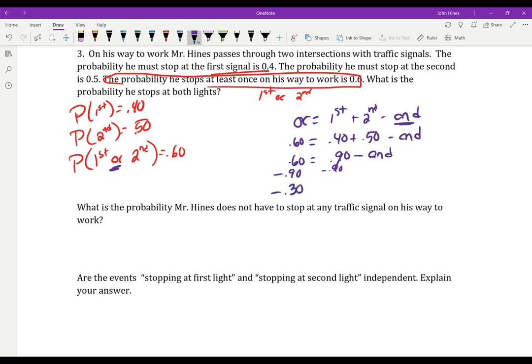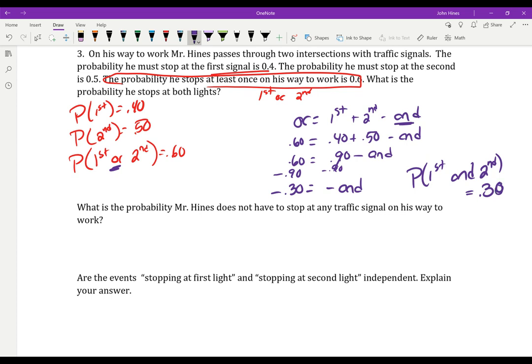Get negative 0.30 equals negative AND. So the AND probability is clearly 30%. The first and second is 30%. So I was given an OR problem and had to find the AND probability by using the OR formula. OR equals A plus B minus the intersection. And I found the intersection is 0.30.